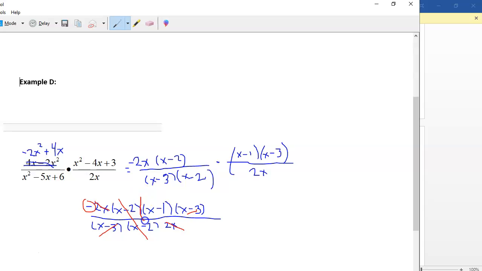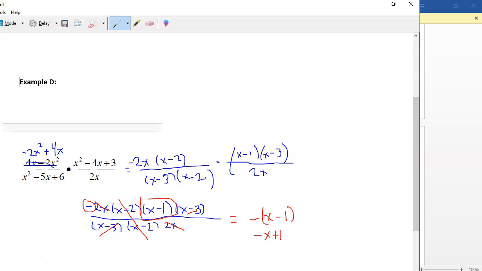I'm left in the numerator with this x minus 1, all right? So this all simplifies to a negative x minus 1, okay? Or this could be a negative x plus 1, all right? Either is acceptable.